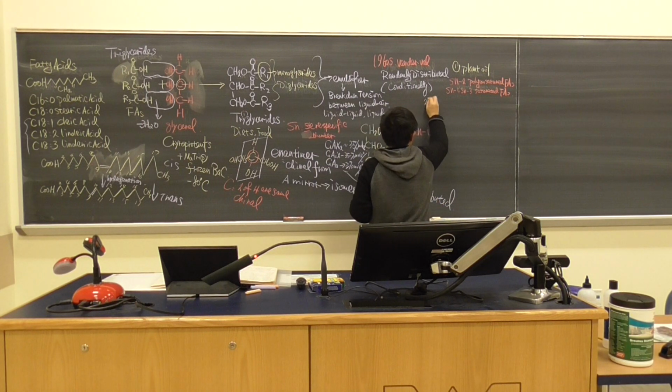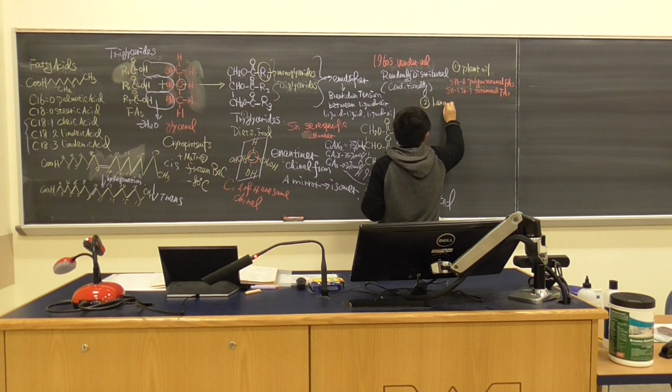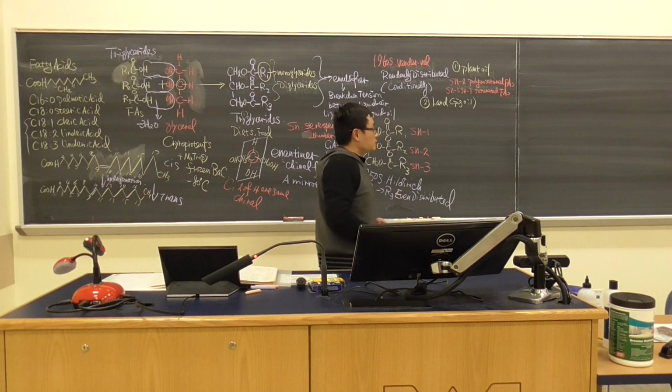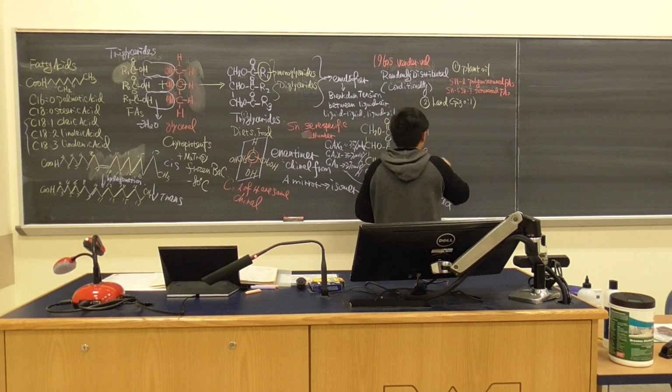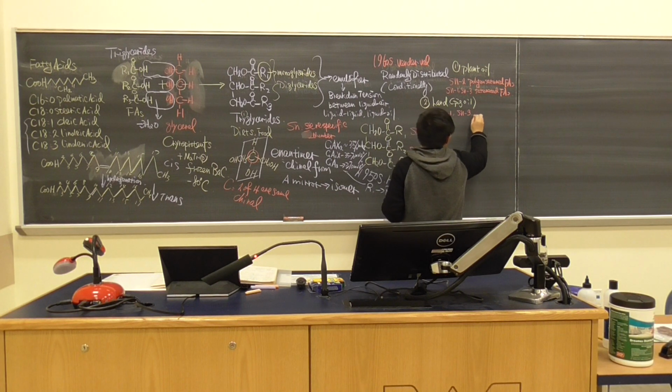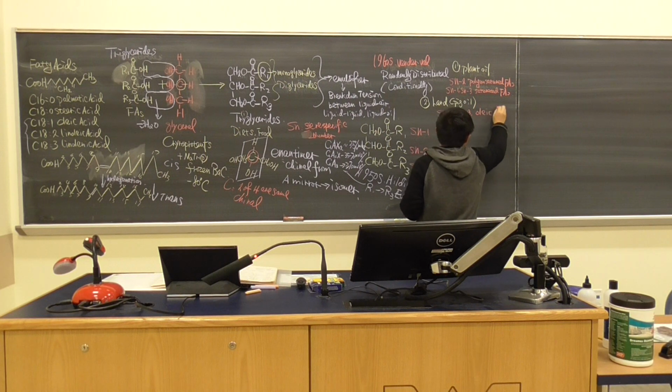The second example is lard. This is from the pig. We call it pig oil. And this one is very interesting. What you see for pig oil is that SN1 and SN3 are oleic acids. That's why I draw here.